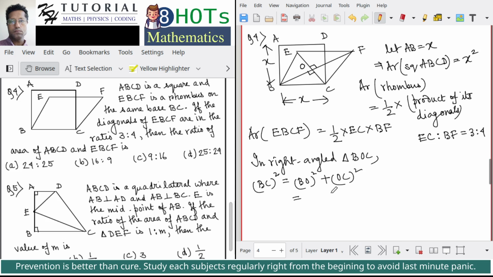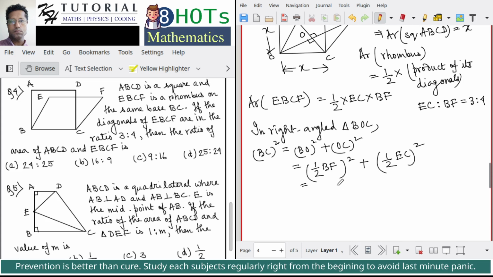Since the diagonals bisect each other, BO will be half of BF and OC will be half of EC. So this becomes BF square by 4 plus EC square by 4.